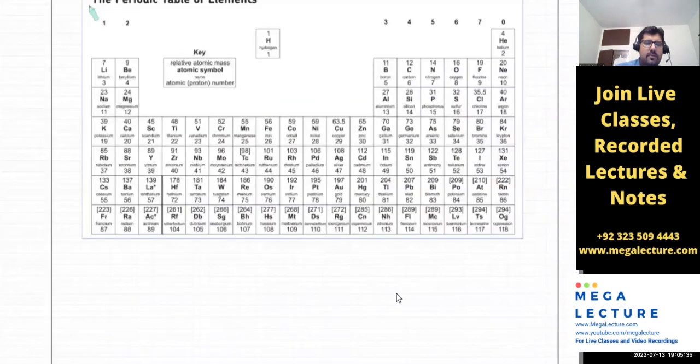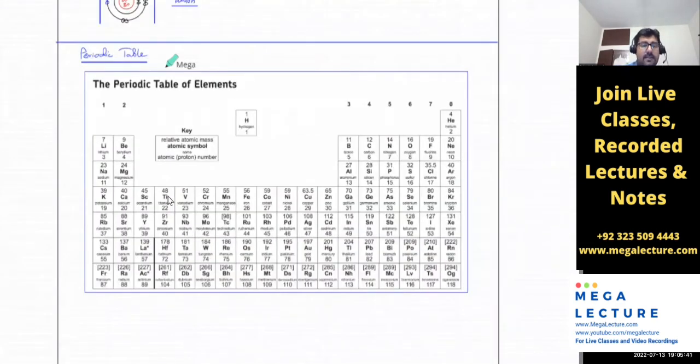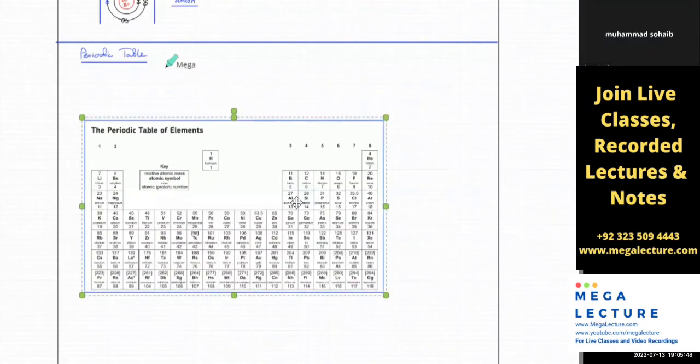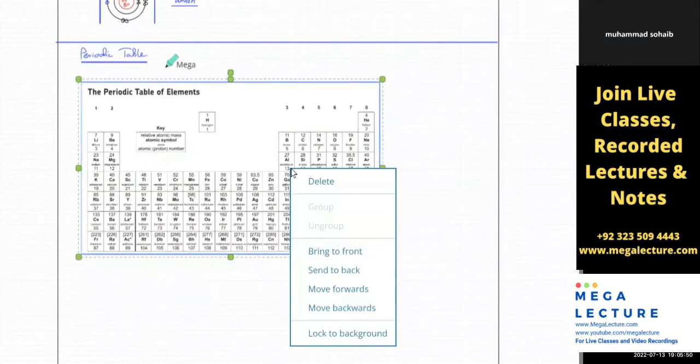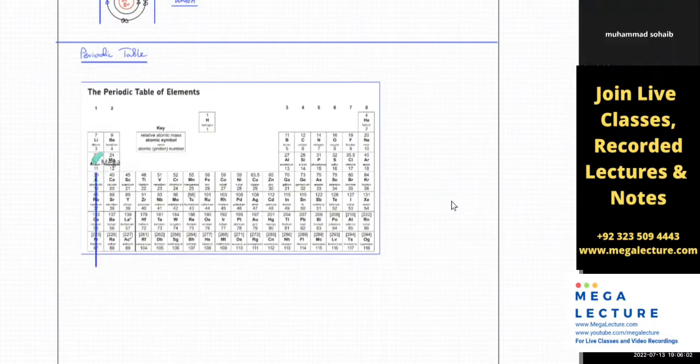Now, the periodic table is divided into two things. Does anyone know what those two things are? Non-metals. That's one. What do you call this thing? Alkali earth metals.